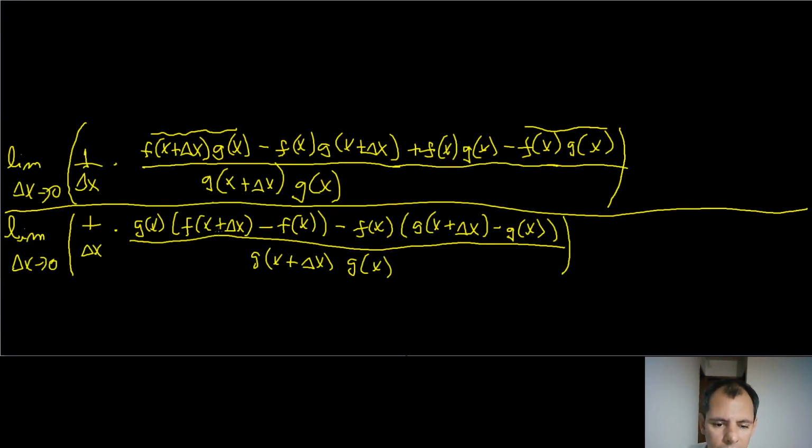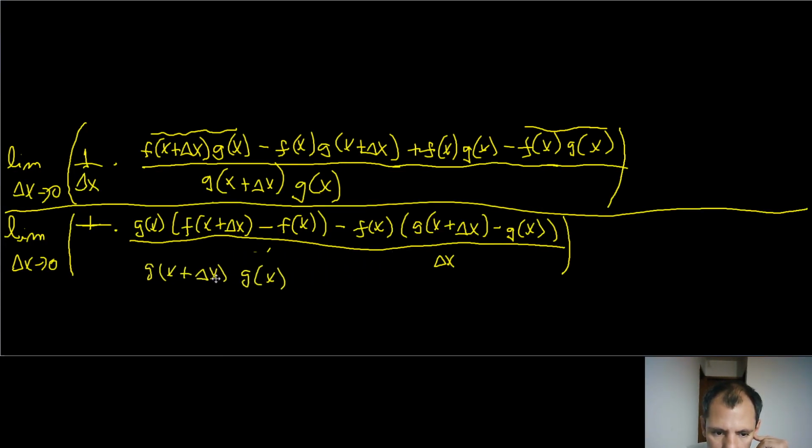Now, what do you have here? Well, let me explain this to you guys. What am I going to do? I'm going to invert these two things because you see, you got a fraction here, and you got another fraction here. I can change these denominators. So that's what I'm going to do. I'm going to get the delta x out of here, and I'm going to put it in here.